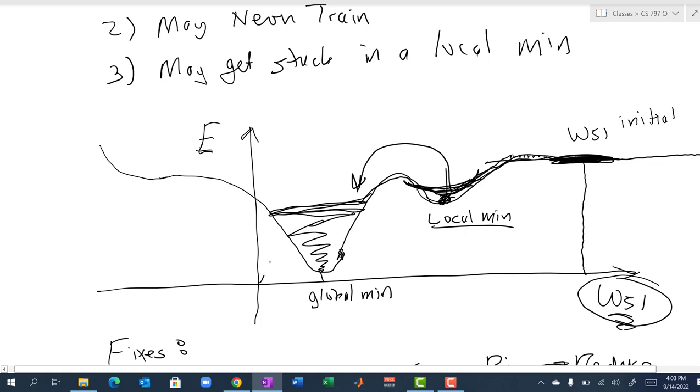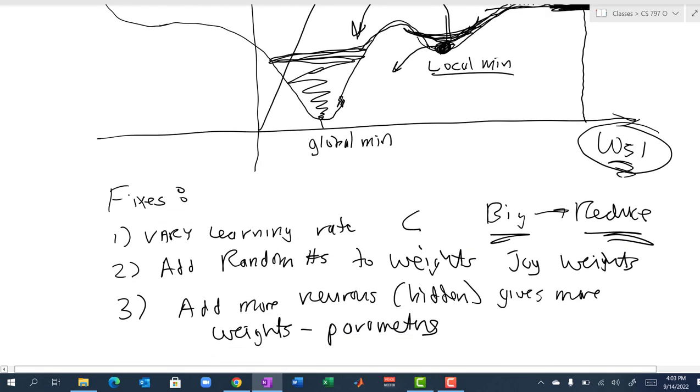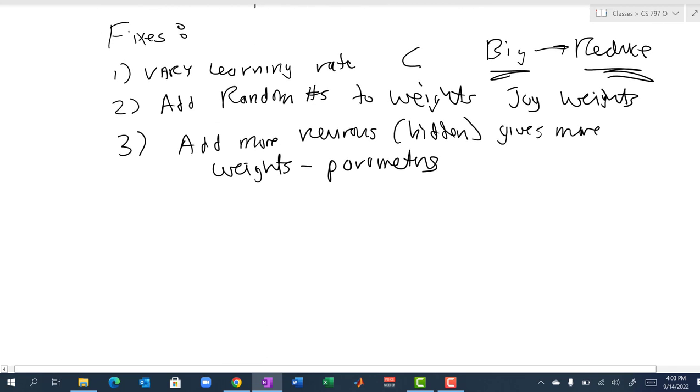But if you have another axis, say W52, then maybe this is a bottom here, but you could actually go downhill in the other axis direction. The more weights you add, the more options you have as far as going different directions and getting downhill on the error surface. Now, there are disadvantages to adding a lot of weights. The network gets really big, and often too many weights leads to overfitting, and we'll talk maybe more about that later on.